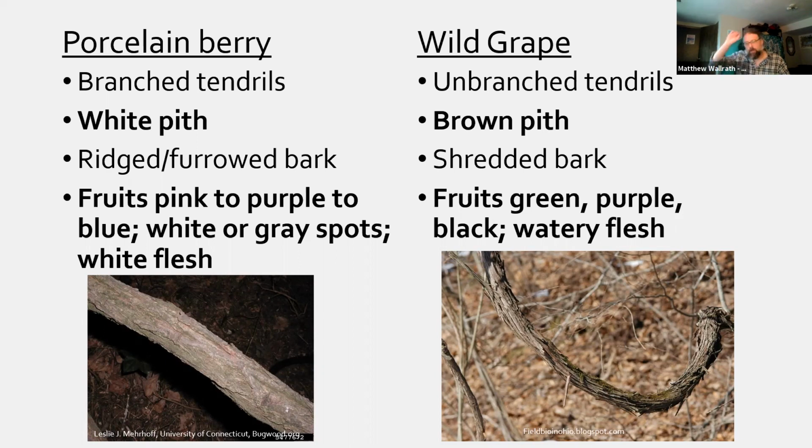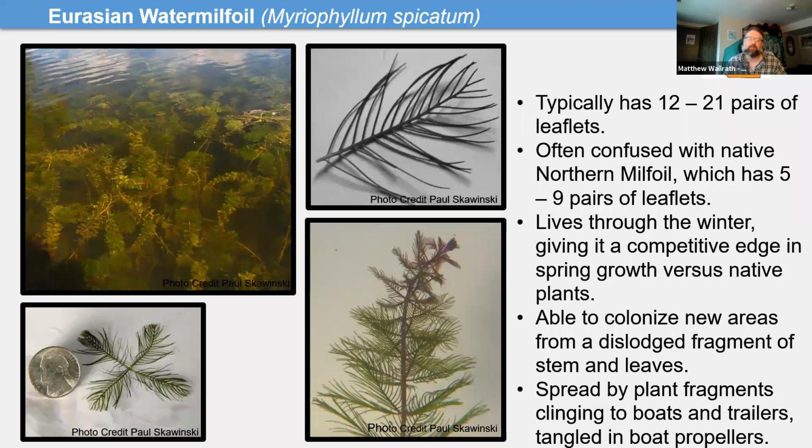Switching my hat back over to my aquatic invasive species side, since we are a watershed association after all. Really common plant, Eurasian water milfoil. It has this distinctive feature: you can see more than 12 leaflet pairs. A leaflet pair is each one of these, so you count each side of it, and if there's more than 12, it's going to be this invasive plant, and it just grows really, really thick.